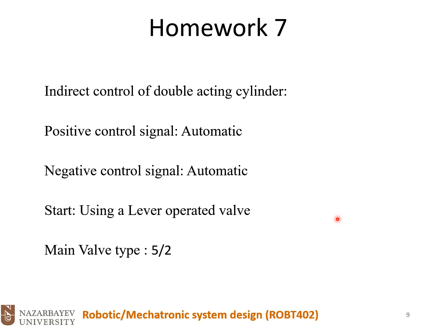Because in the previous one, we didn't have any control on the cylinder movement, and we couldn't stop it or start it. But here we want to have a start using a lever operated valve. And the main valve type is the same as the previous one, 5x2.